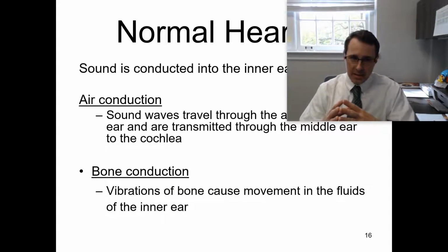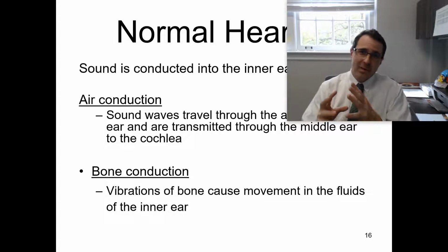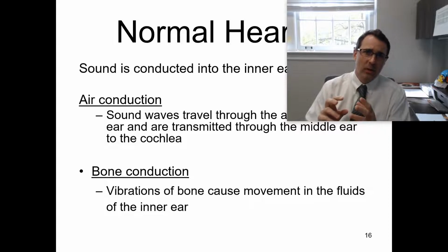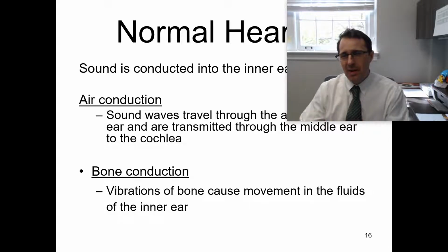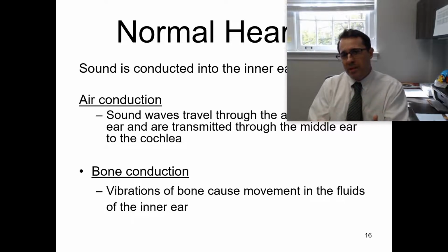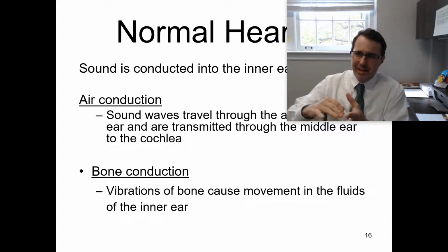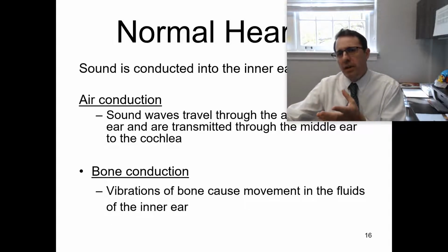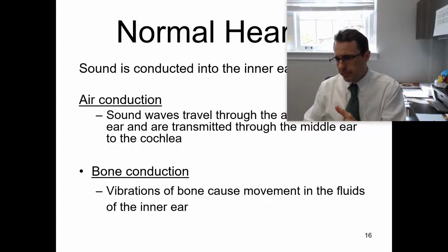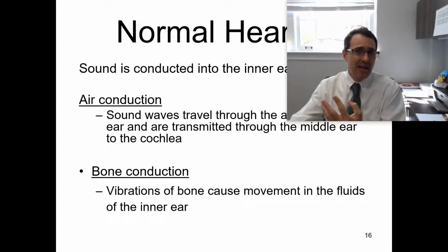All right, so now let's talk about two different ways in which we can stimulate the cochlea, which allows us to hear. So when the stapes is pushing into the oval window, pushing into the cochlea at the oval window, it's sending waves of vibration through the cochlea, which stimulates little cells within the cochlea in the fluid that are known as hair cells.